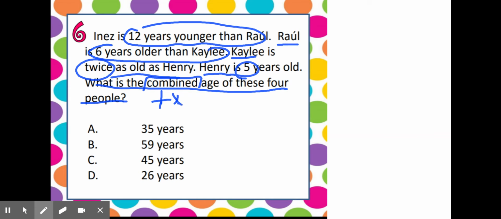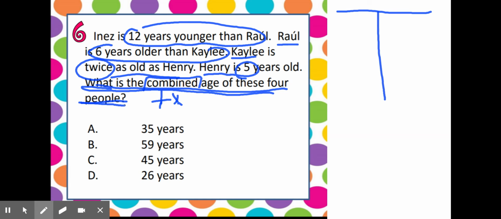When I look at this problem, one thing I know my kids would already be raising their hand telling me is, Miss Seitz, this is a T-chart problem. And what we mean by T-chart, I think I've shown you before, we just draw a big T. Whenever you hear that someone's older or younger than someone, or twice as old, then we always make a T-chart, because usually they ask you to add all the people up at the end.